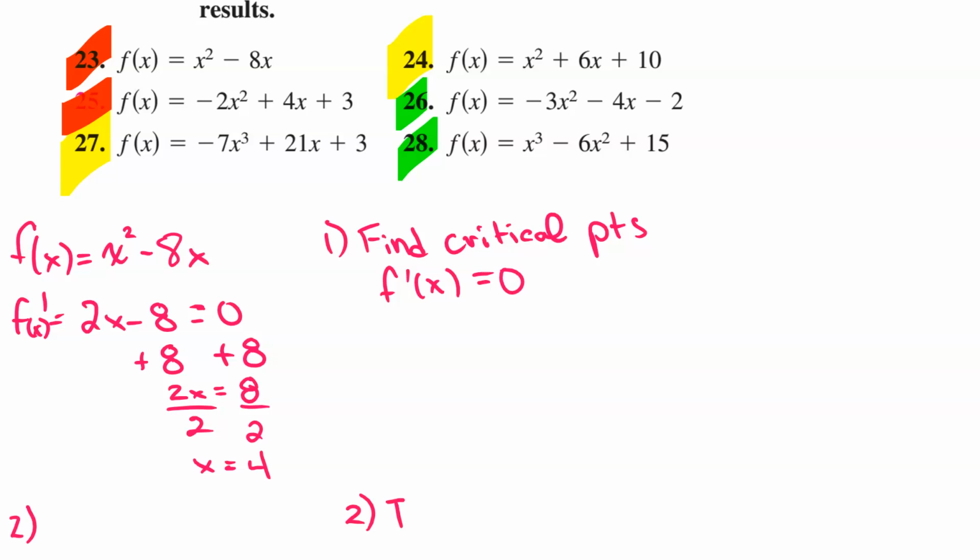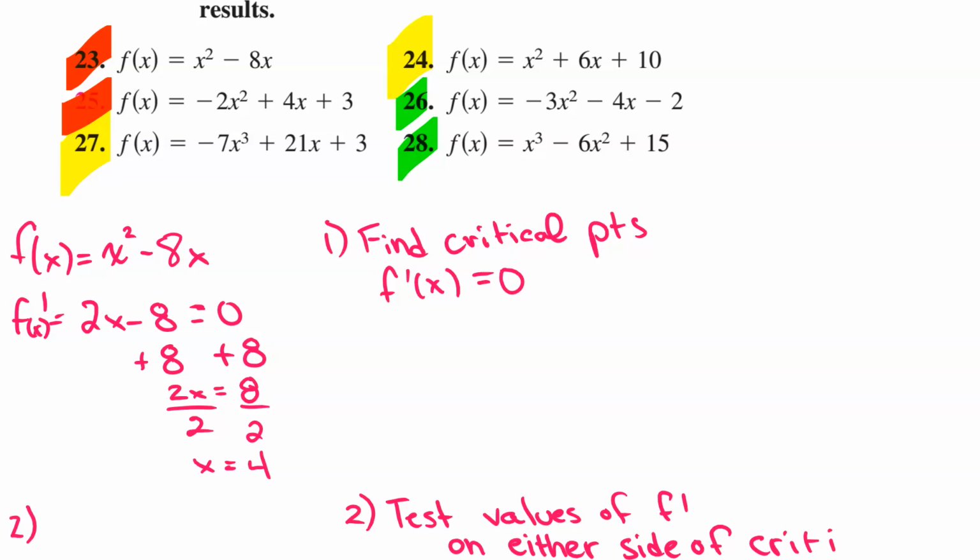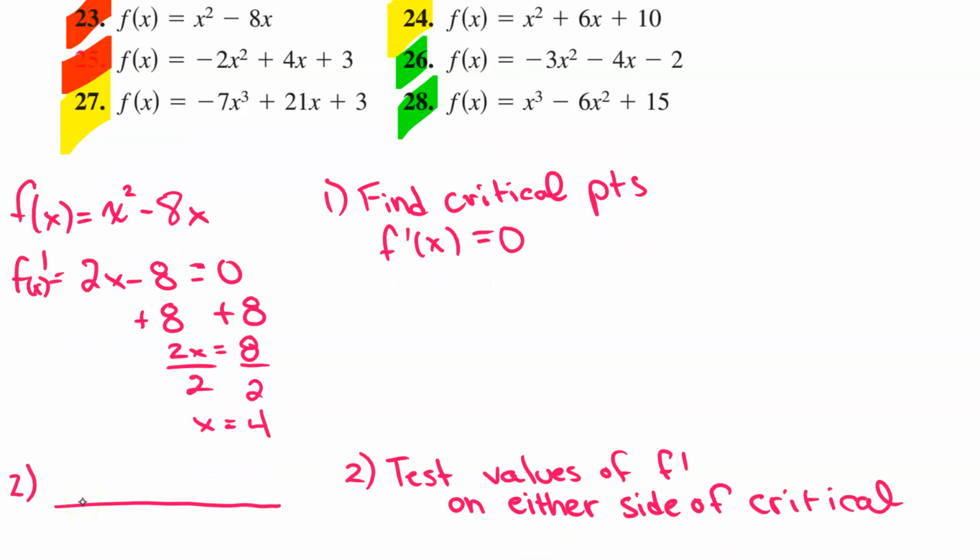Then I'm going to test values of the first derivative on either side of the critical point. So like I did for that graph above, I'm going to make a number line for the derivative.